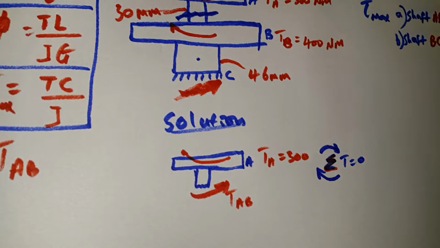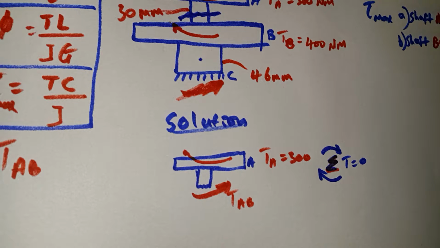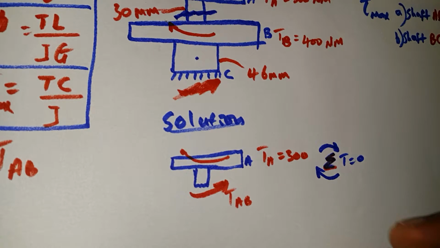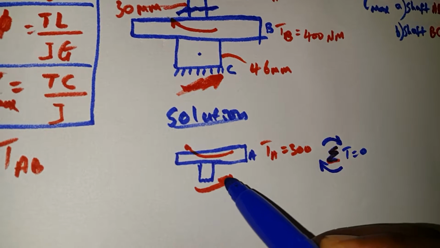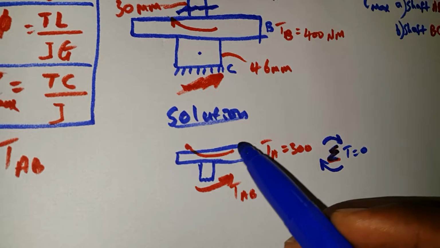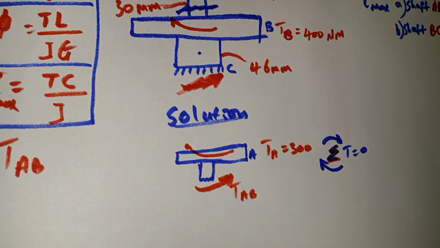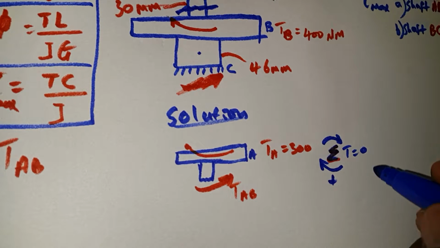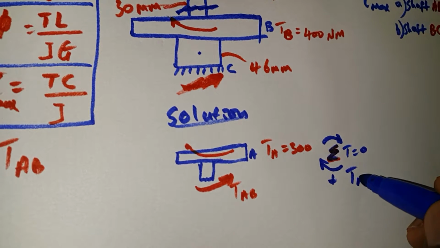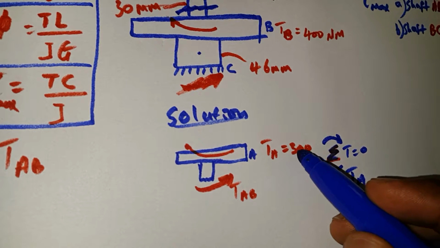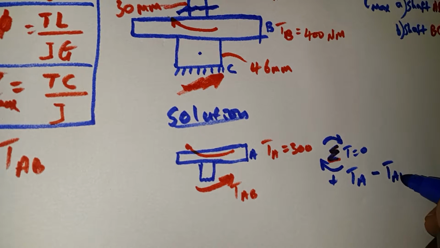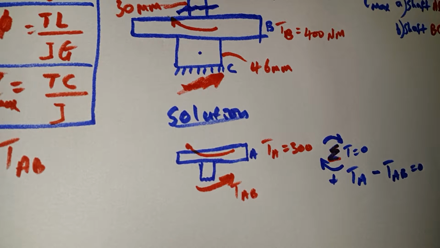So from here, this torsion is the opposite of this. So let's say this is positive. So TA, which is our 300, minus TAB is equal to 0.